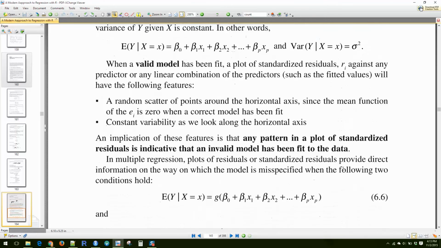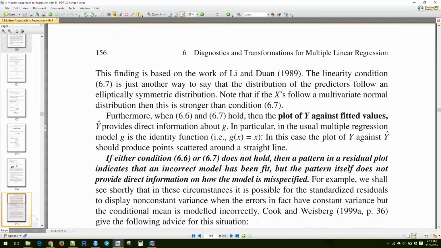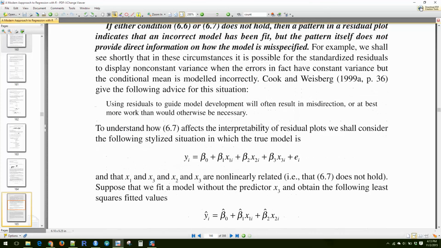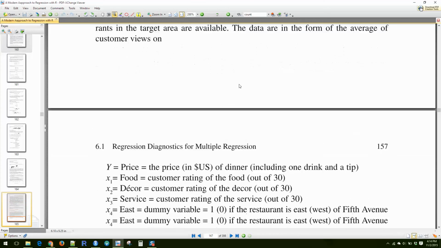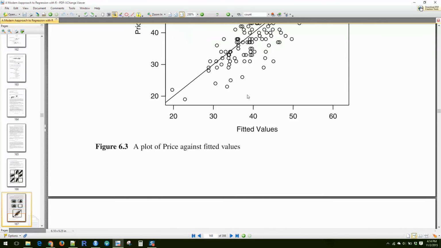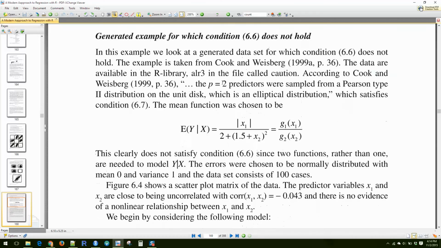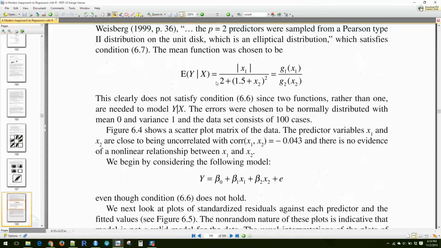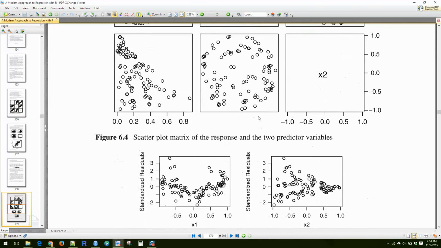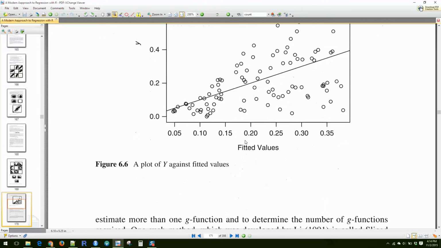So this says a pattern in the plot is indicative of an invalid model, and then it goes on. But then it says the pattern itself does not provide direct information on how the model is misspecified. They made up a data set and said, here we see these patterns, so there's a problem.